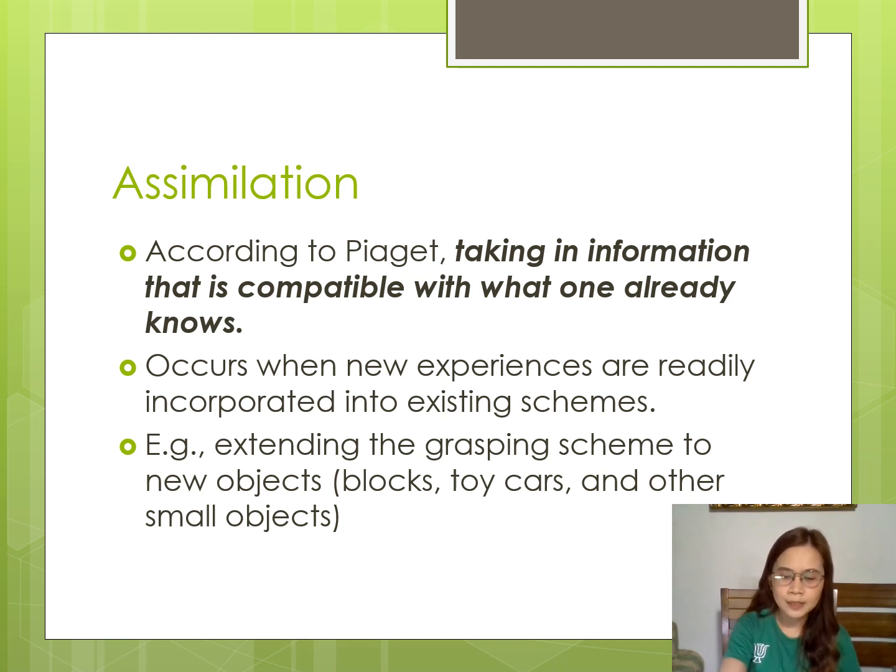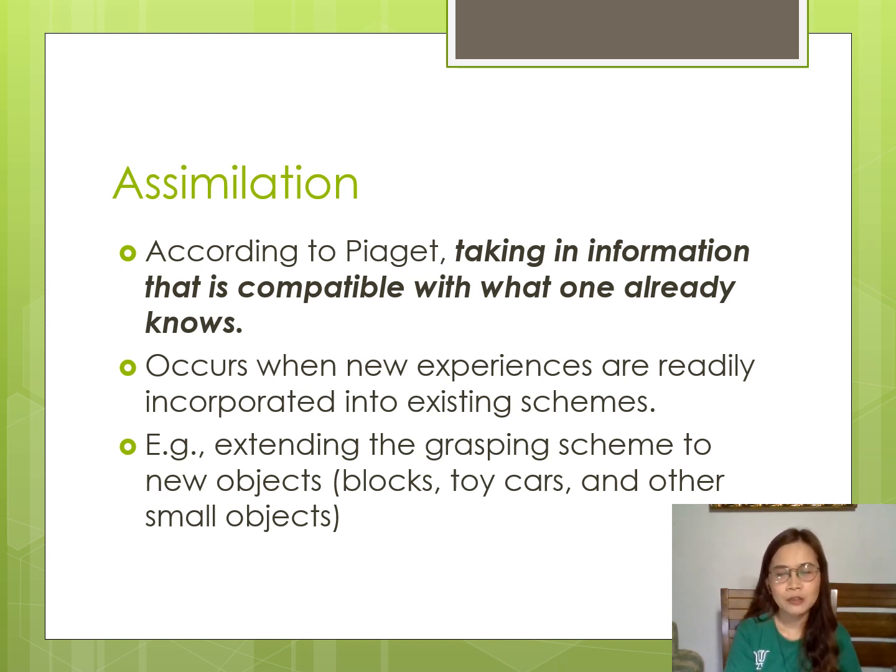For example, sa bata, alam na niya na yung mga object na malapit sa kanyang bibig, or yung mga dumadampi sa kanyang pisngi, ay pwede niyang isubo. So, i-extend niya yon hindi lang sa nipple, kundi maging doon sa ibang bagay na madadampi sa kanyang pisngi.